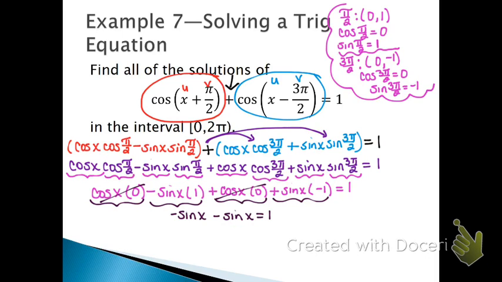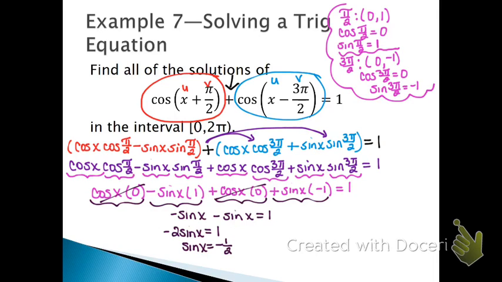They don't cancel. What's a negative sign minus sign? Negative 2 sine. Good. And still got equals 1. Divide by the negative 2. So sine of x equals negative 1/2.